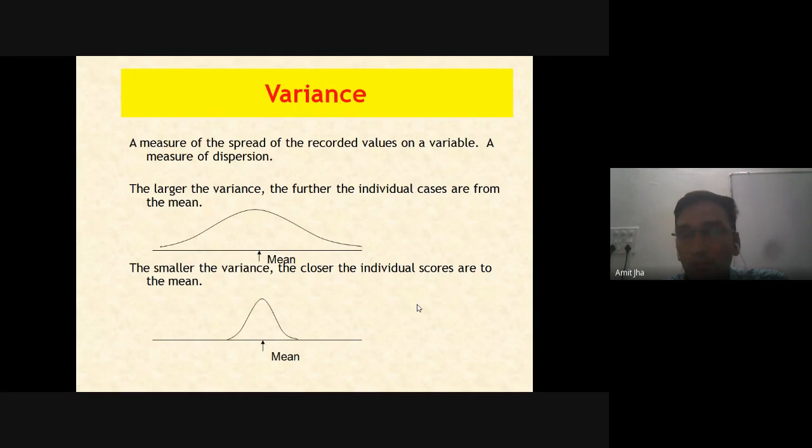So if we talk about the variation, then we find that in the first farm the variation is more, because it ranges from, say, 3-4 kg to 25 kg. But in case of the second farm, the average milk production is around 10 to 12 kg or liters per day. So if the variation is large, of course the variance will be more. So if variance is more, it means the individual cases are far from the mean, and the smaller the variance, the closer the individual scores are to the mean.